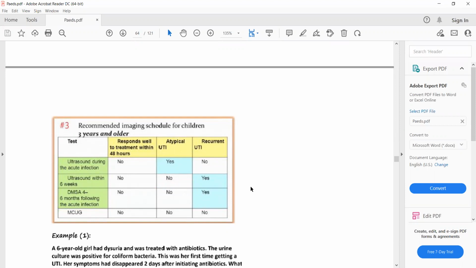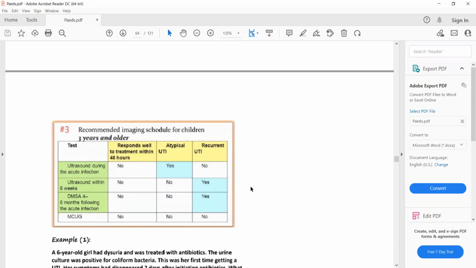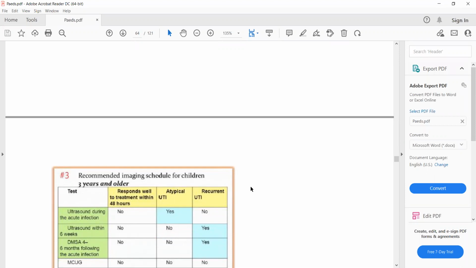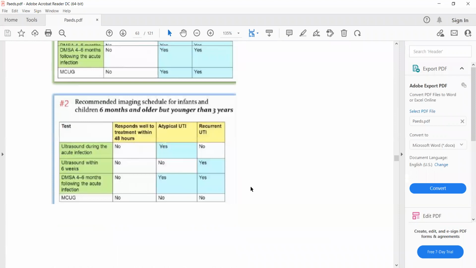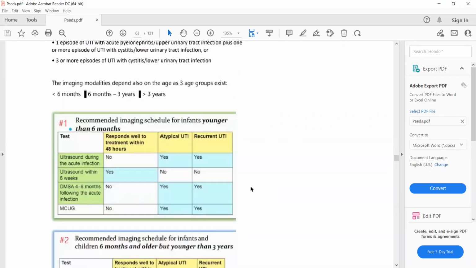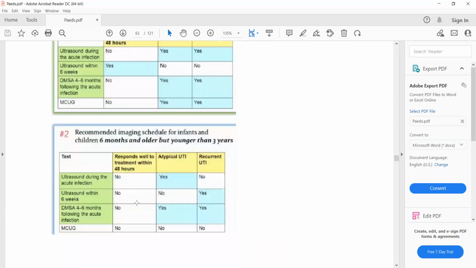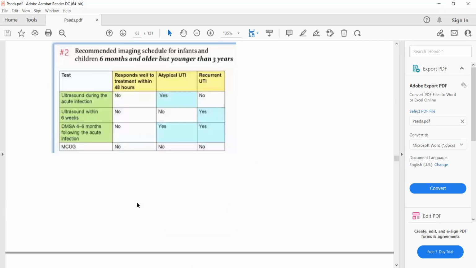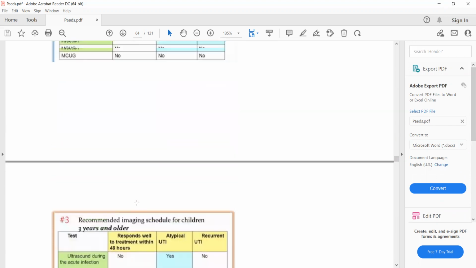So this was all about the imaging schedule of UTIs in children. Very simple. First of all, straightforward UTI: ultrasound is done within 6 weeks if the child is younger than 6 months. All other age categories do not require any imaging if the UTI is straightforward.